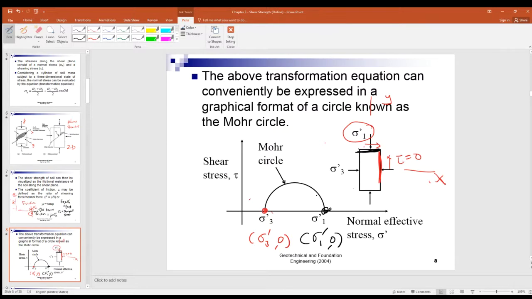So you get these two points, so you can draw the Mohr circle with the center here. So the Mohr circle here represents the stress element here, right? We'll learn about that.